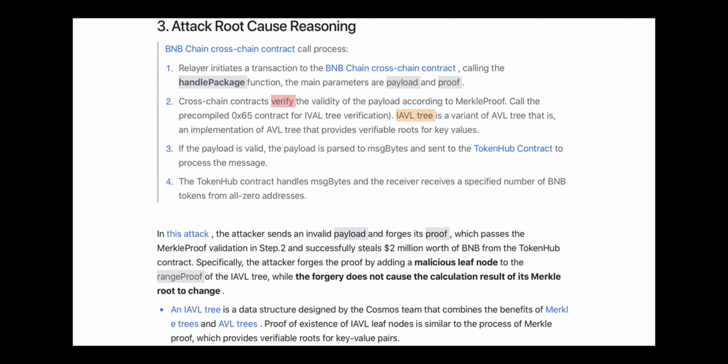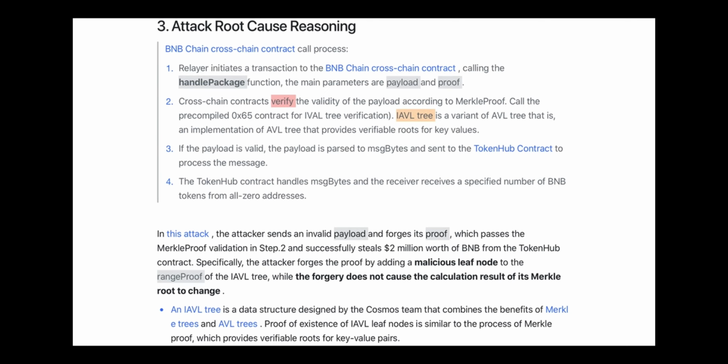So in this attack, the attacker sent an invalid payload with a forged proof, which passes the Merkle proof validation process in the previous step, and then successfully stole millions in funds from this token hub contract. The attacker forged the proof by adding a malicious leaf node to the range proof of the IAVL tree, while the forgery does not change the calculation result of this Merkle proof, which means it's a very shallow implementation detail of a missed type of check.